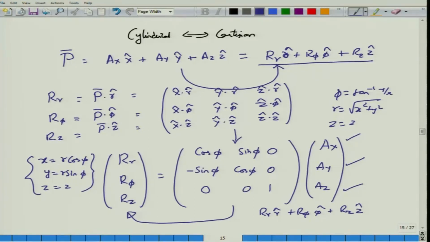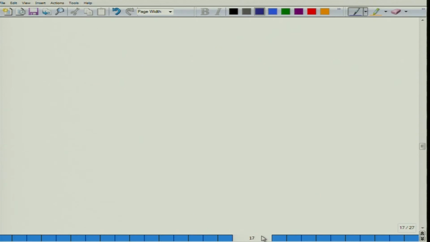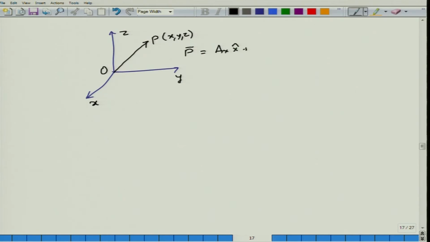Okay. So, to summarize, in the Cartesian coordinate system, which is formed by 3 mutually perpendicular axes x, y and z, the point where they all meet is called the origin. Any point p can be described by the 3 coordinates x, y and z and a corresponding position vector p, which will be described by ax x hat plus ay y hat plus az z hat.